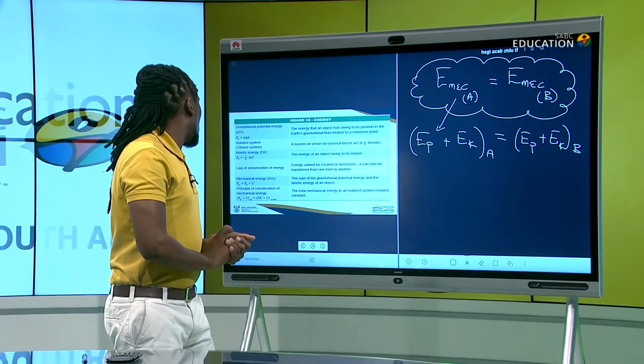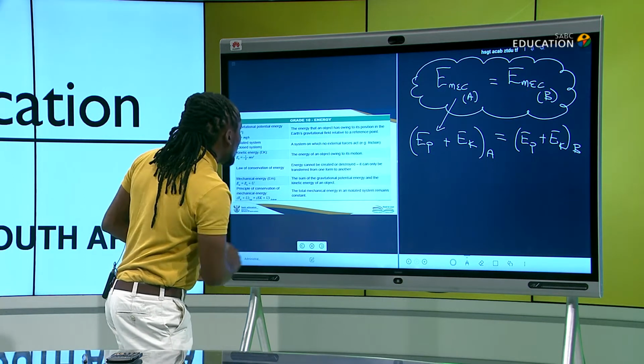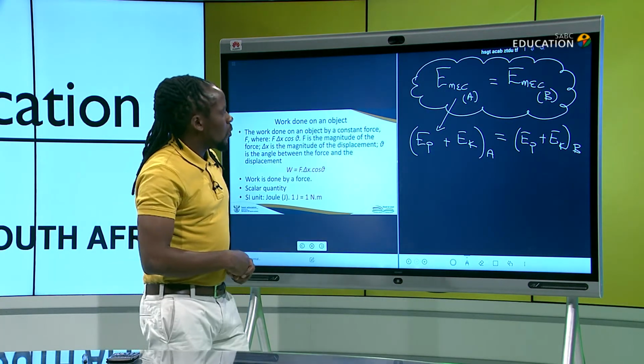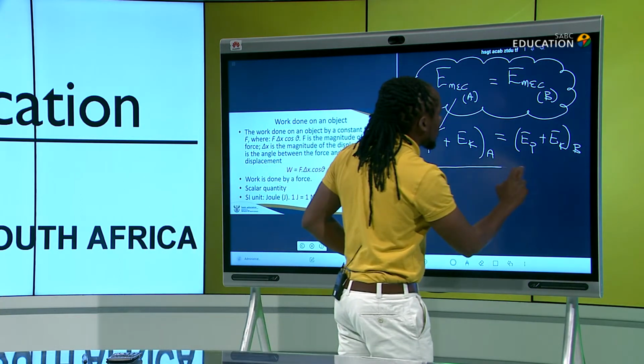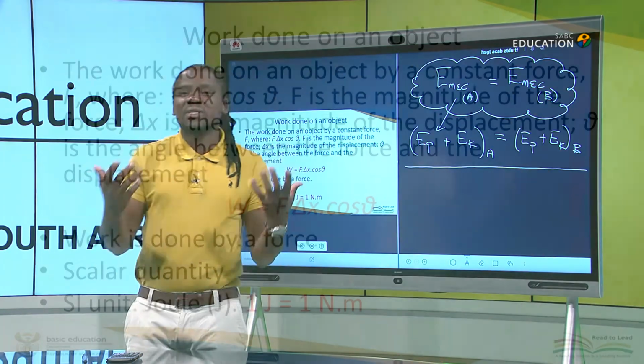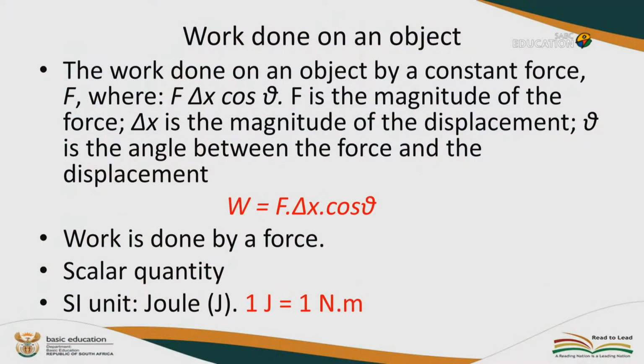Right. Okay, then let's look at the key ideas for today. What is it that we mean when we talk about work? The word work, I think, is used in many different contexts in our everyday life. So when is work done on an object? What does work on an object? These are the key questions or big ideas that we need to ask ourselves. Now, we're saying that the work done on an object must be done by a force.